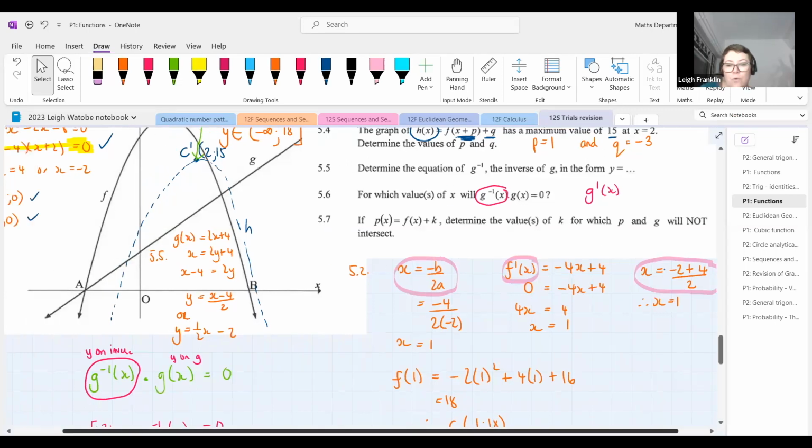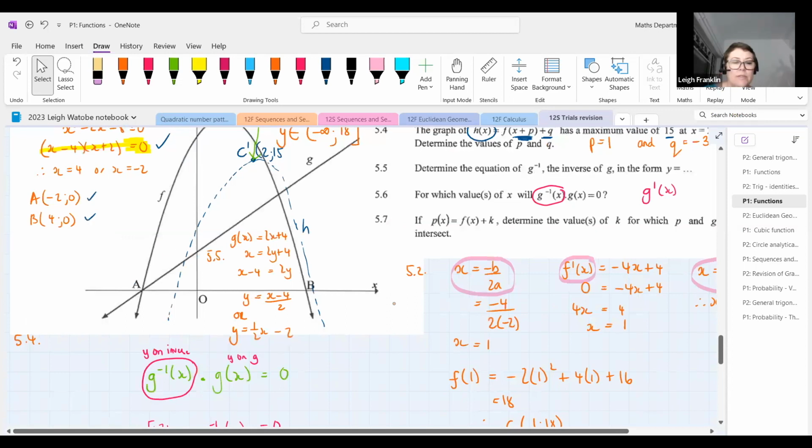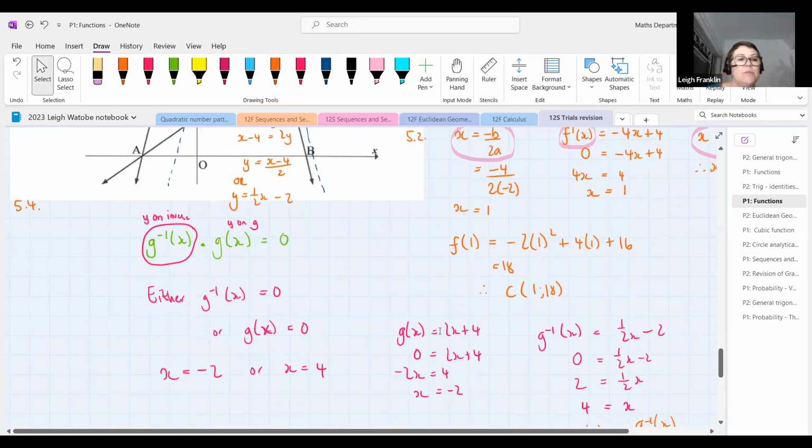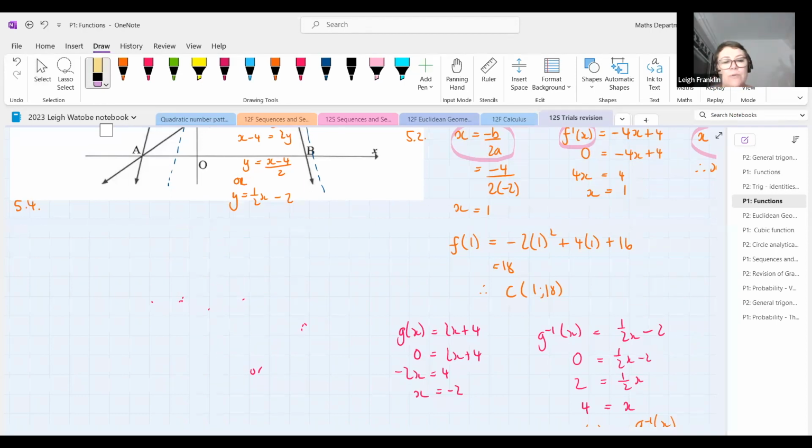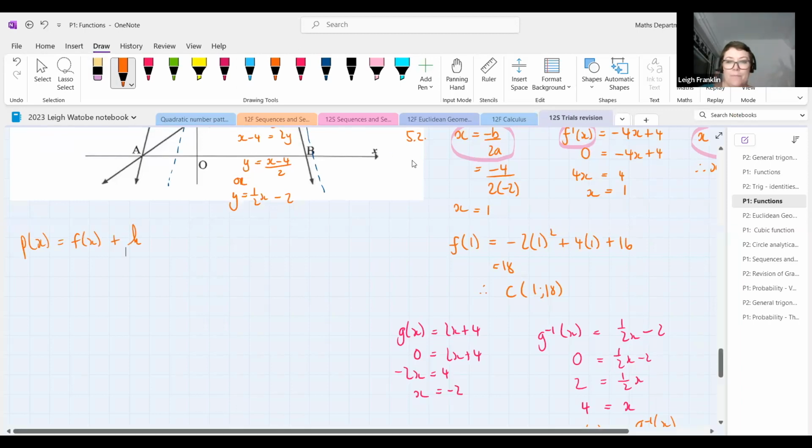So first of all, p of x, let's just make some space here. I'm just going to rub this off. We did start a couple of minutes late with me being on load shedding. Okay, so p of x equals f of x plus k.